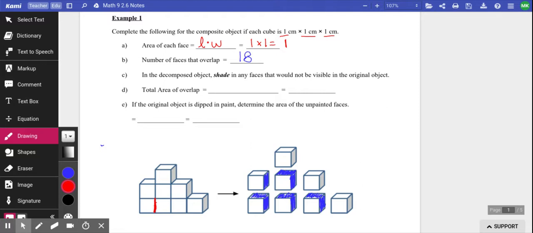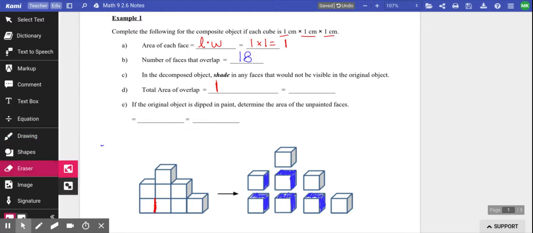Awesome. I've shaded them all in. We're on D, total area of overlap. So when I'm trying to figure out the total area of overlap, one side is 1 centimeter squared. That's the area of one side. How many sides do we have overlapped? We have 18.